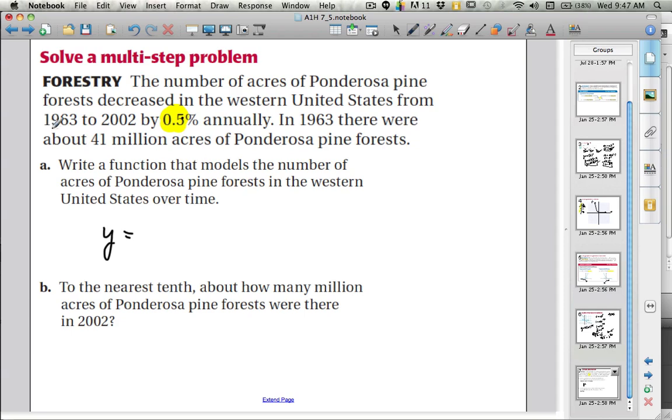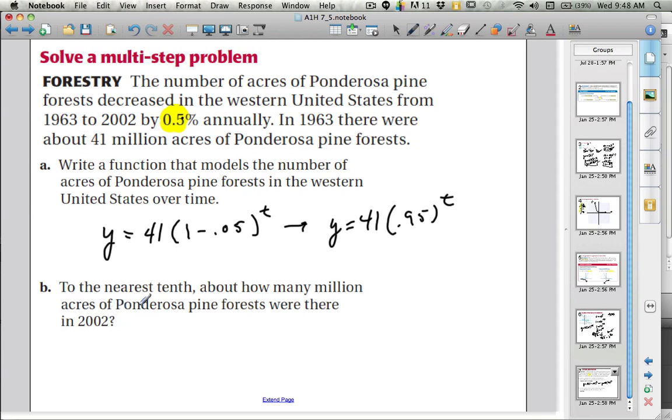In 1963, that's when we're starting, there were 41 million acres, so 41 million times 1 minus 0.05, that's 5% as a decimal, and it's done annually, so it's just going to be t. Okay, if I simplify this, it becomes y is equal to 41 times 0.95 to the t power.